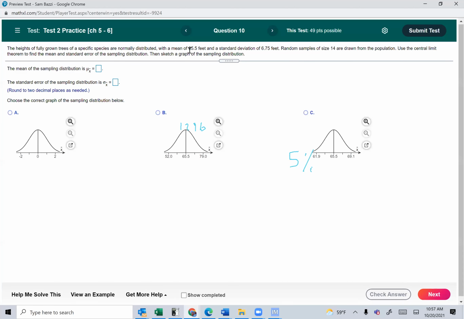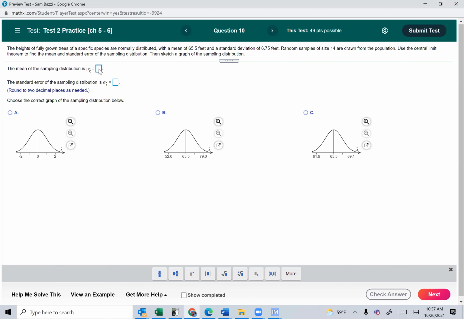Okay, let me just clear all drawing here. Same thing, guys. The heights of fully grown spruce are known with a mean of 65 and a standard deviation of 6. A random sample of size 14 is drawn. Use the central limit theorem to find the mean and the standard error of the mean, or the standard deviation of the sample mean.